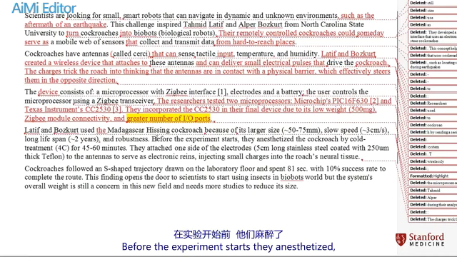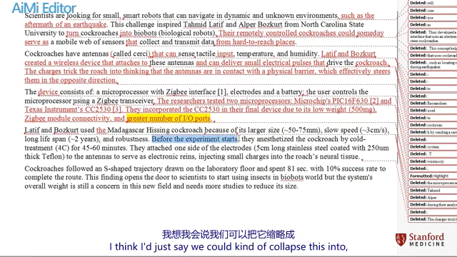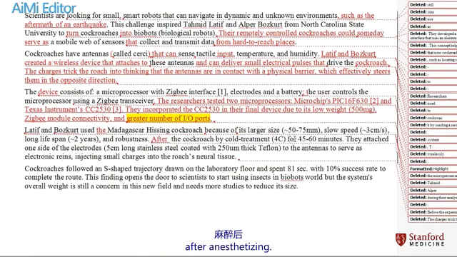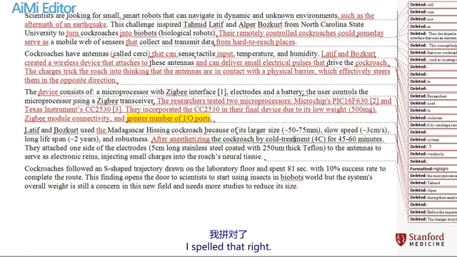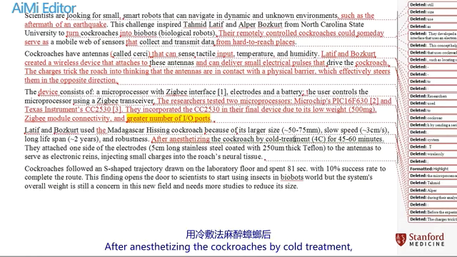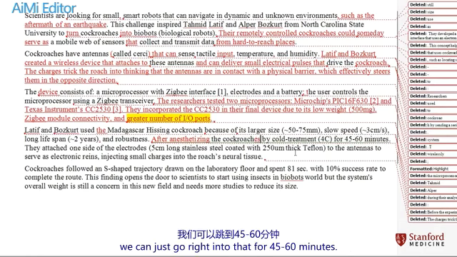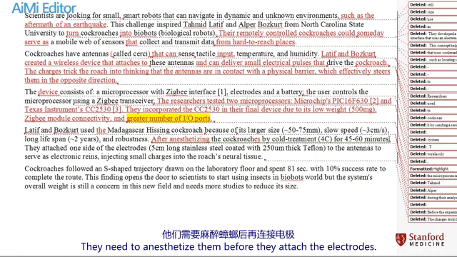Before the experiment starts, they anesthetized. I think we could collapse this into after anesthetizing, hopefully I spelled that right, after anesthetizing the cockroaches by cold treatment for 45 to 60 minutes. They need to anesthetize them before they attach the electrodes.